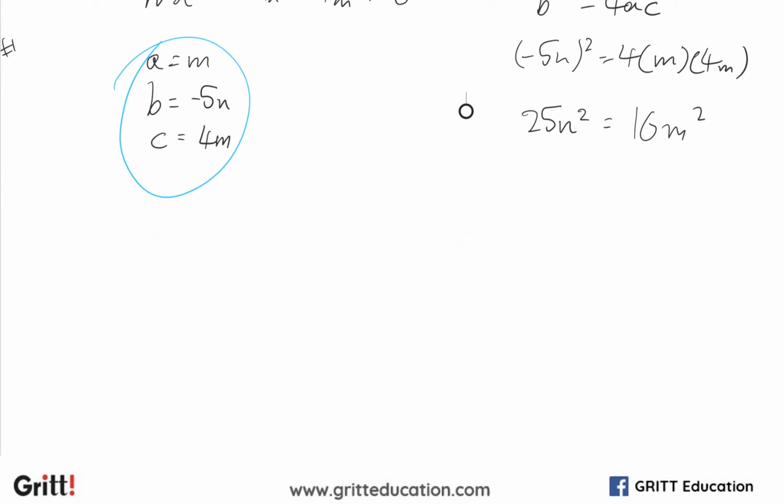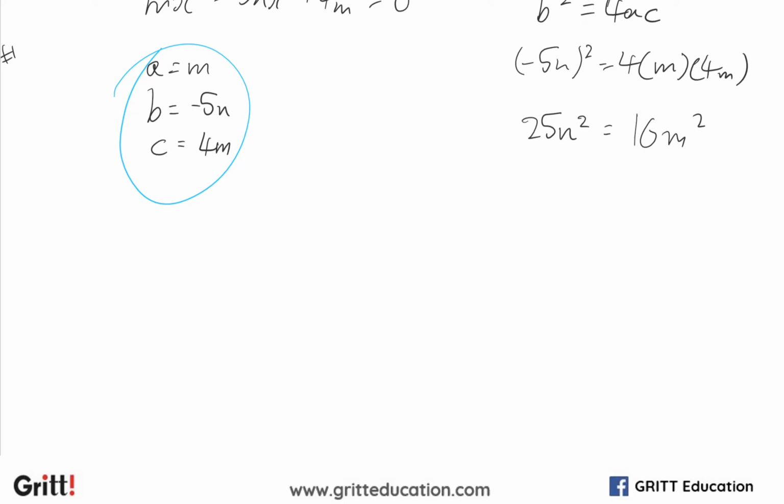Now, what we can do is take this n over to this side, while we take the 16 and put it over this side. So now we get 25 over 16 is equal to m squared over n squared.